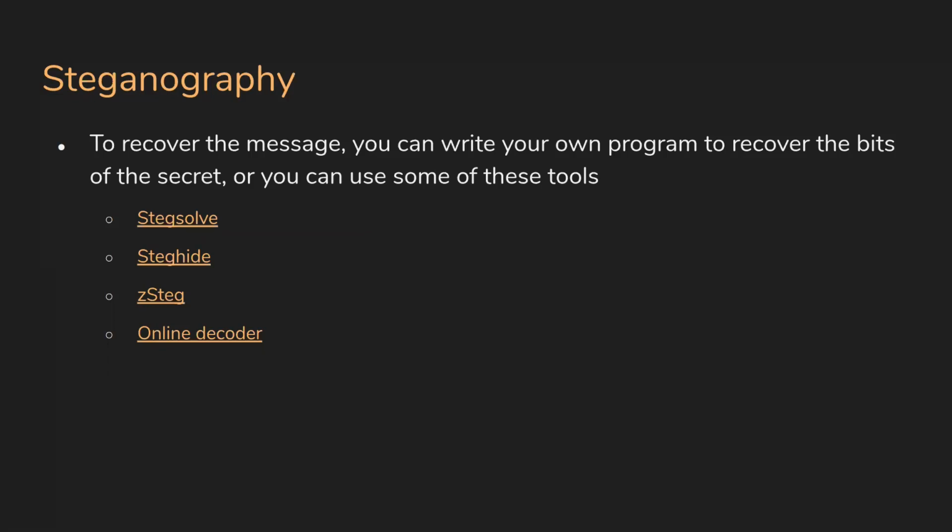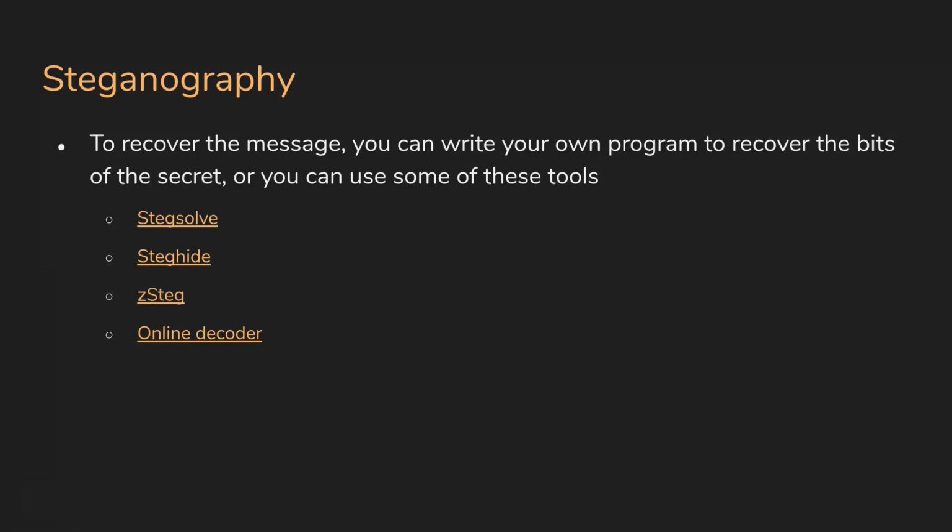But for typical least significant bits steganography, we have StegSolve, StegHide, ZSteg, and then there's just an online decoder. I think StegSolve basically isolates each of the color channels of your image, and you can flip through each of the color channels to see if anything looks off.